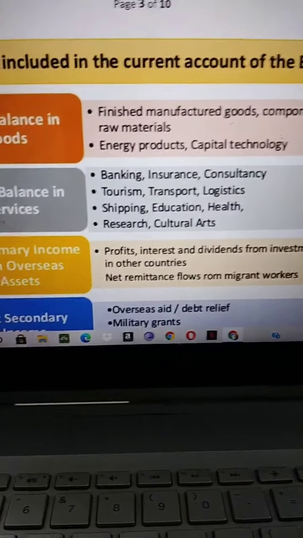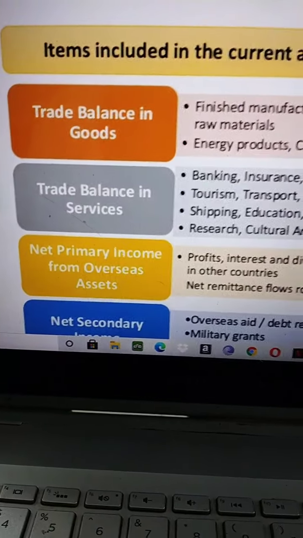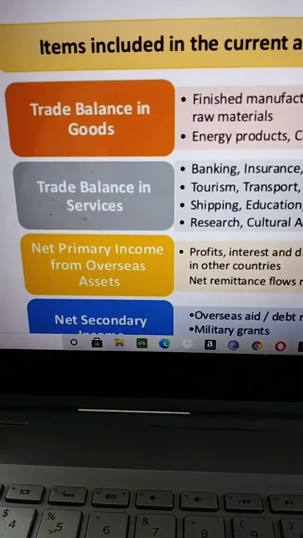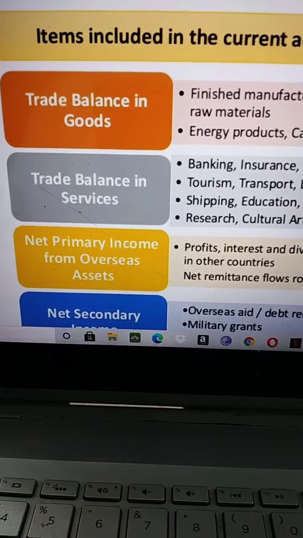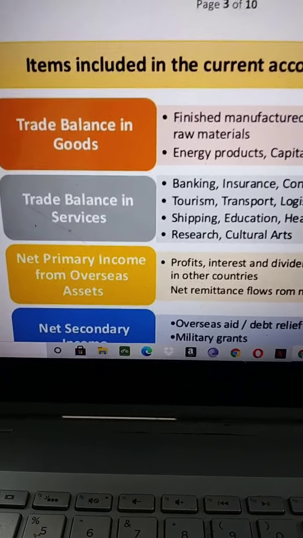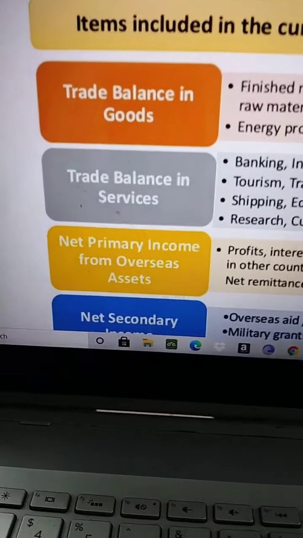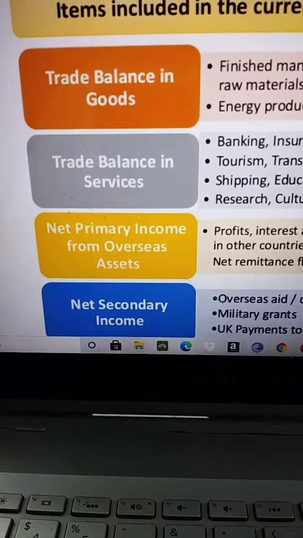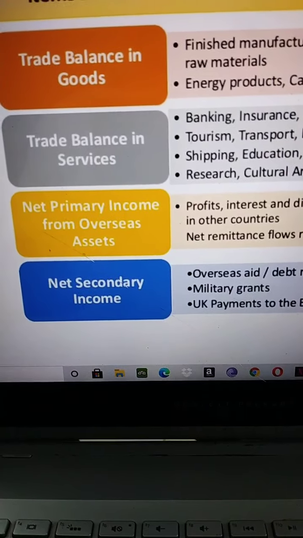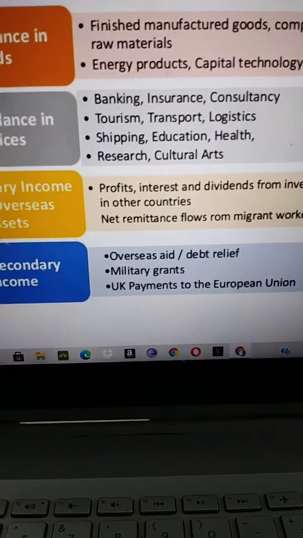And again, the same simple fact is there: if your outflows are more as compared to your inflows in the net primary income, then it will go in deficit. If your inflows are more than your outflows in the primary income, then it will be in a surplus. Then the fourth component is the net secondary income, which includes things like gifts and donations.